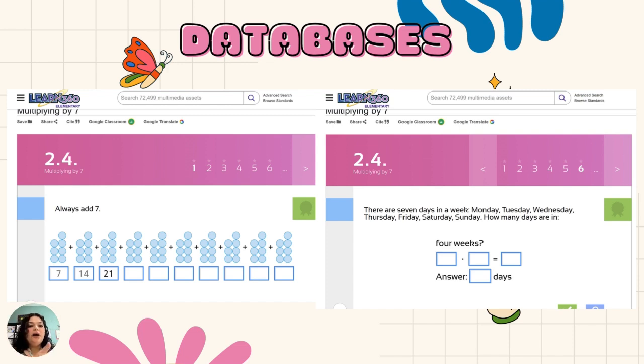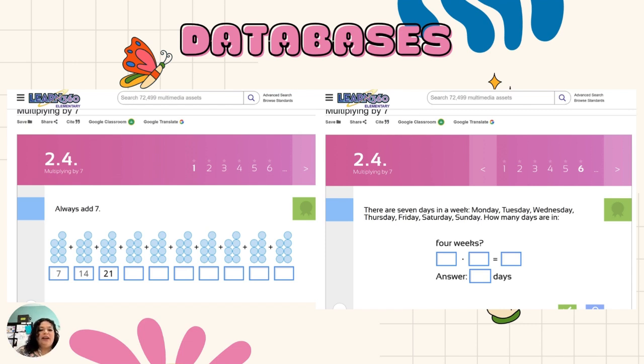At level 1, they're just doing the repeated addition. And once you get all the way to level 6, that is when they start getting into the word problems where they can write the multiplication sentence and then answer the questions there.